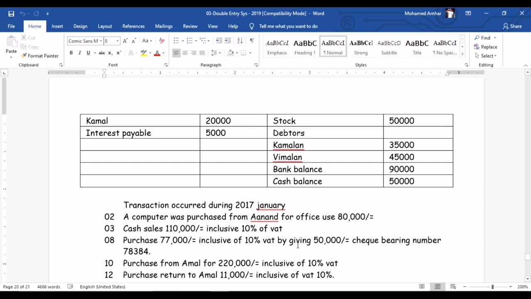No matter whether cash or check is given, we assume that it is purchased by paying cash, because we consider cash and check both as cash payment. So you have to record this in the cash payment journal because this is a payment.